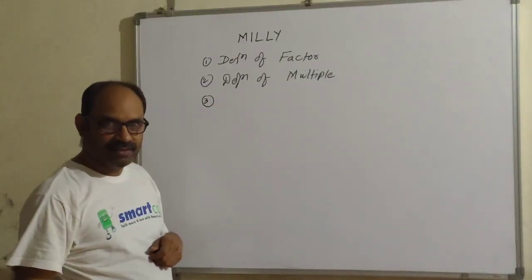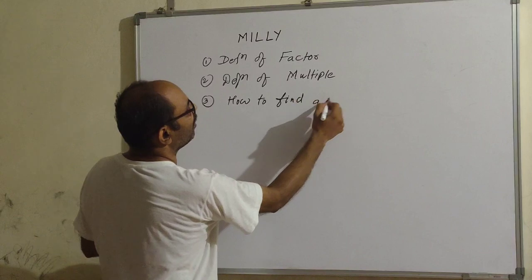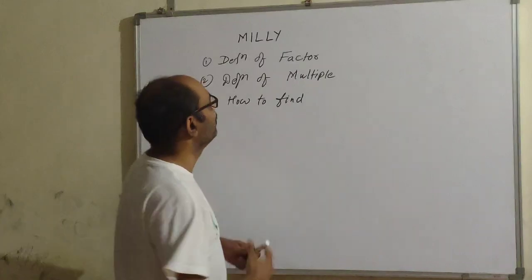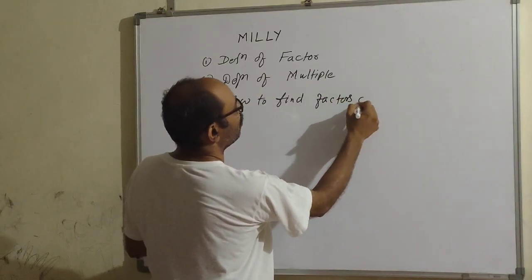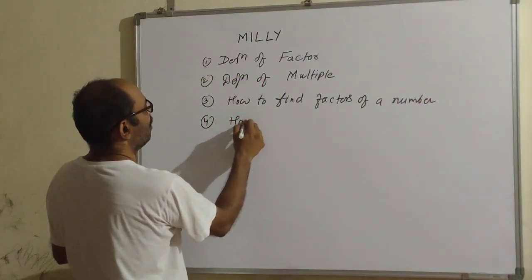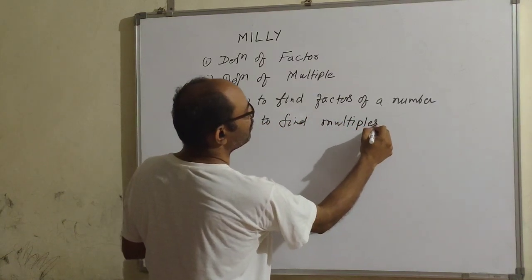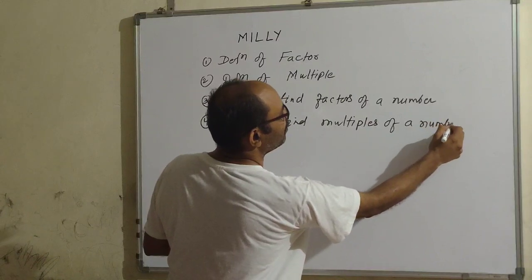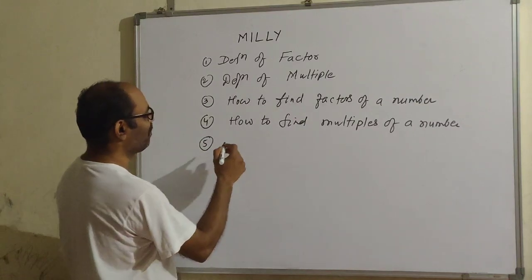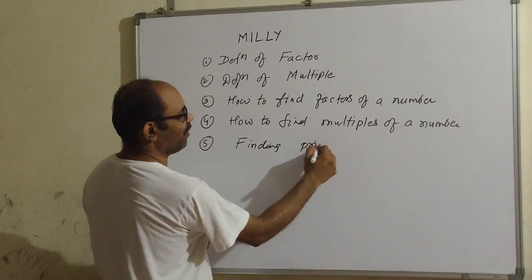Third, how to find factors of a number. Fourth, how to find multiples of a number. And fifth, the last we saw was finding prime factors.